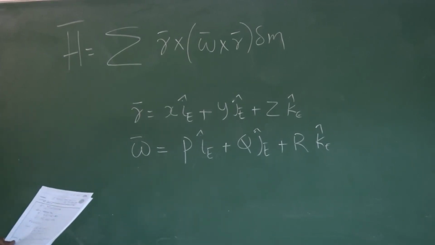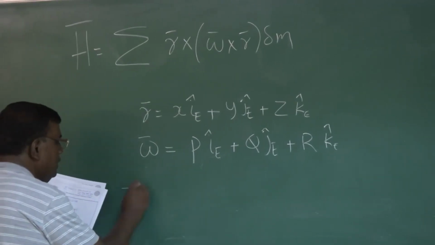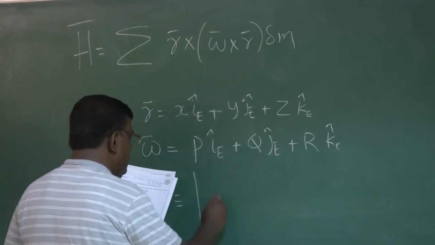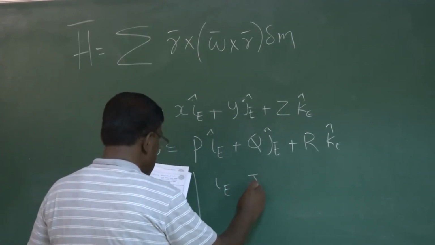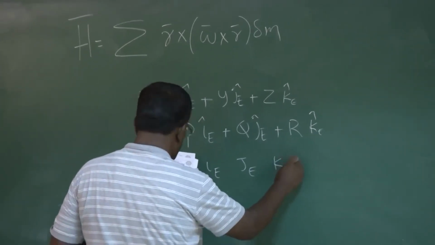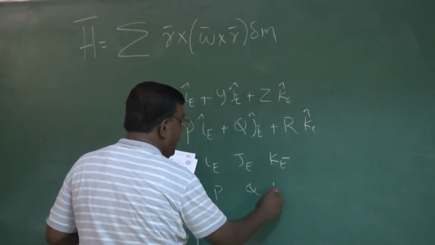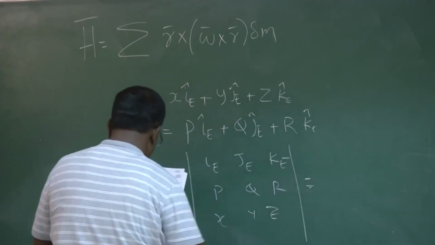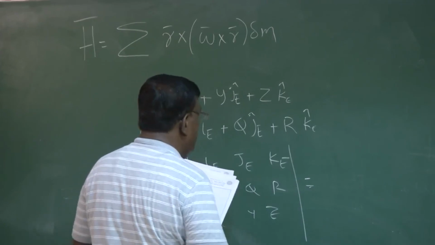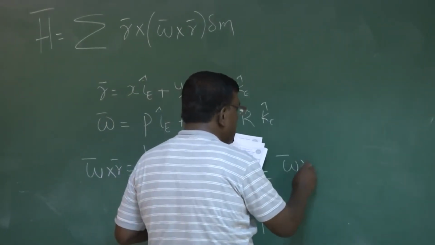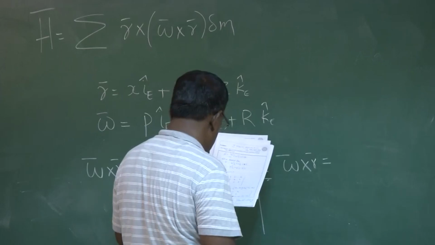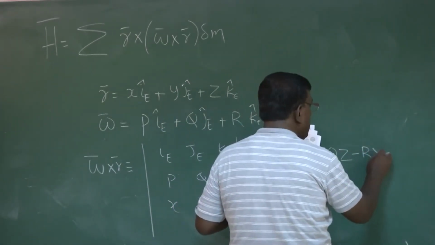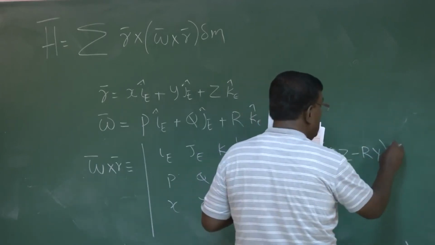Right? So now if I do omega cross R, and I will simply tell you, you can do it yourself, this is Ie, Je, Ke, p, q, r, and x, y, z. If I do this, if I am not mistaken, I will get omega cross R as, please, you should do it yourself also. Don't blame me if there is some mistake.